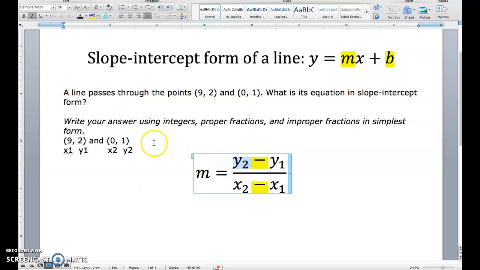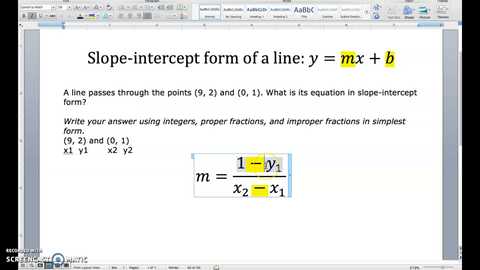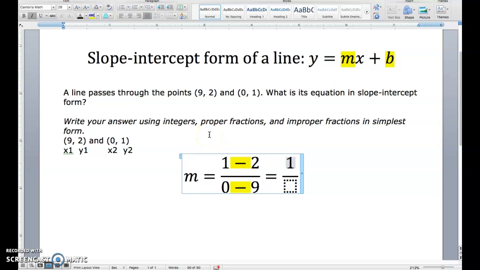So y2 we said is 1. y1 we said is 2. x2 we said is 0. x1 we said is 9. 1 minus 2 in your calculator is -1. 0 minus 9 is -9.